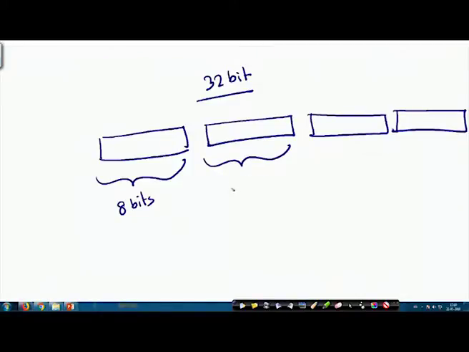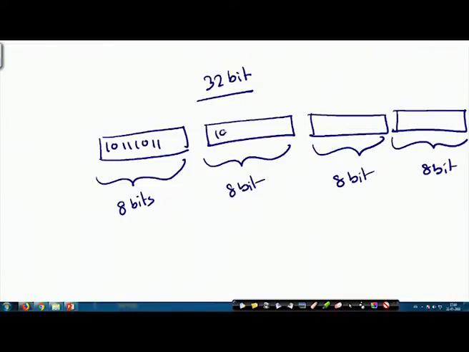So, every individual chunk is an 8-bit chunk. So, you have some bits, say 1011 1011, 1000 1000, 0110 1111, 1010, something like this.